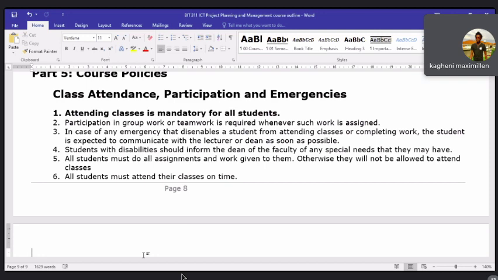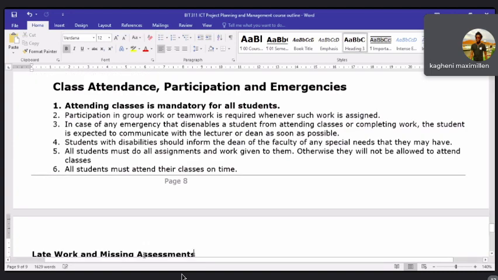In the case of an emergency that prevents the student from attending classes or completing work, the student is expected to communicate with the lecturer or dean as soon as possible. All students must do all assignments and work given to them, otherwise they will not be allowed to attend classes. All students must attend their classes on time.